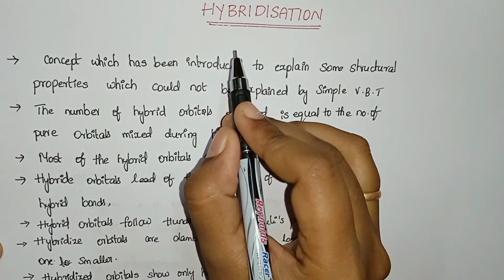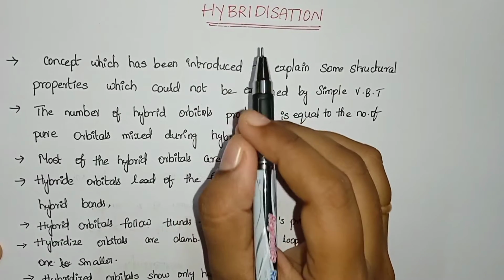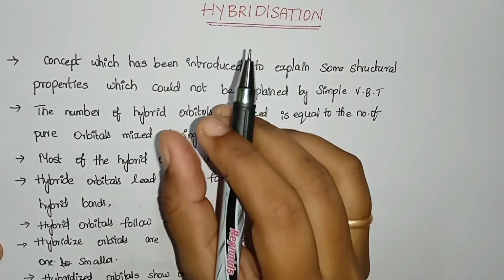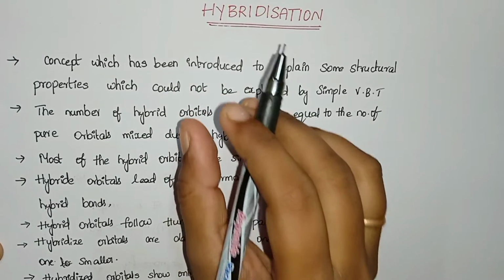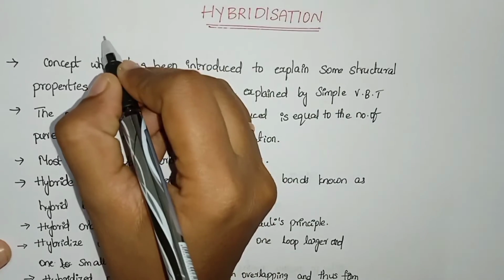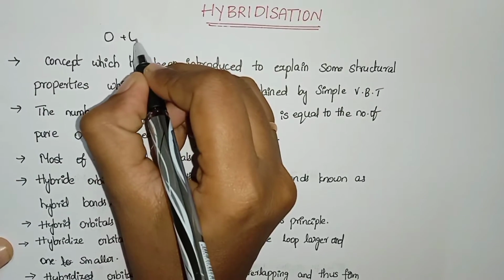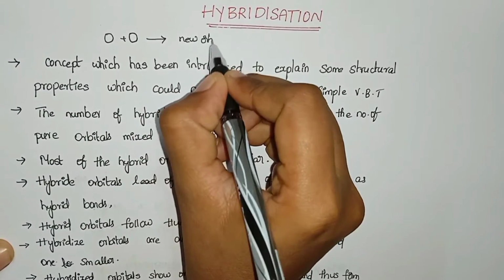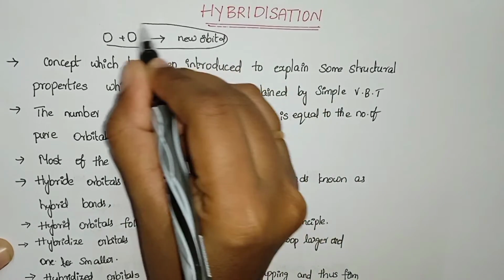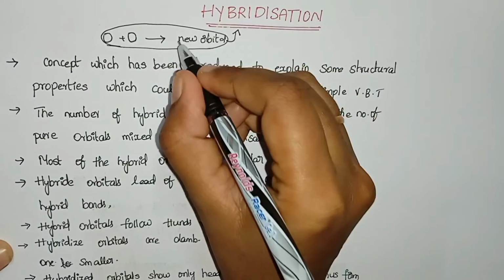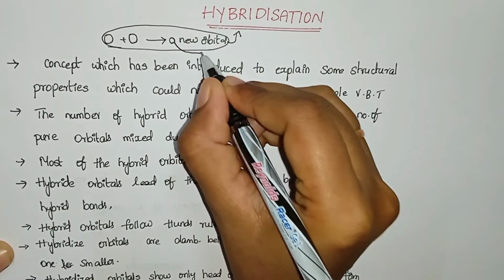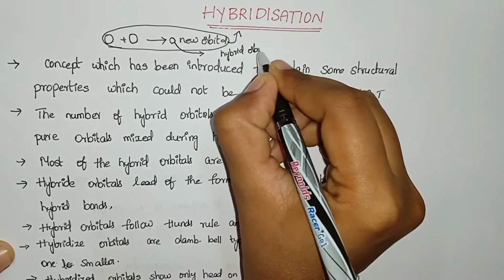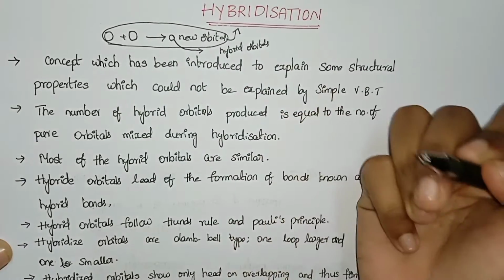Merging or mixing of dissimilar orbitals of similar energies to form new orbitals is known as hybridization, and the new orbitals formed are known as hybrid orbitals. Okay, it has some important points.